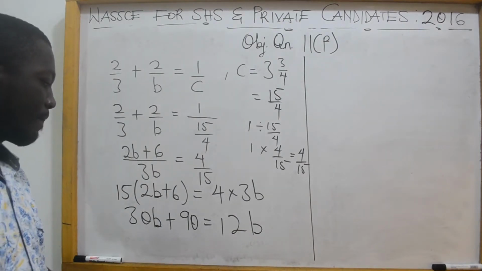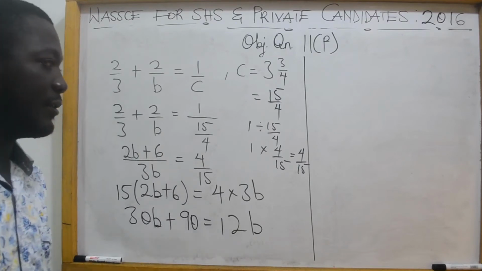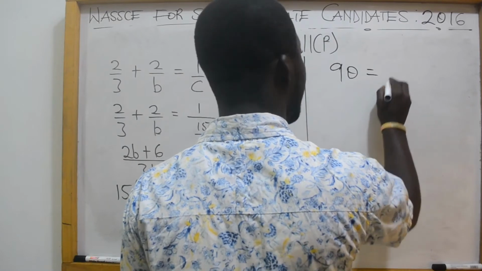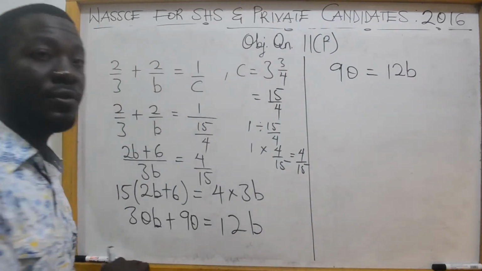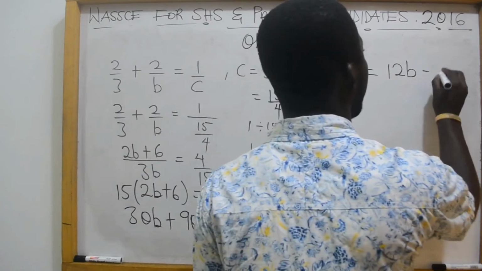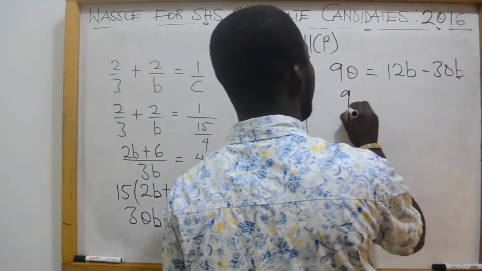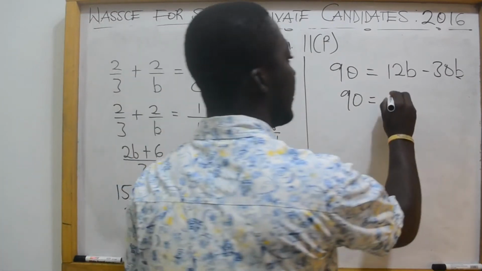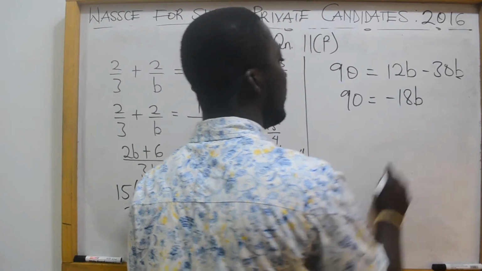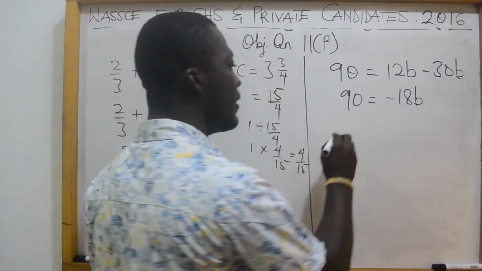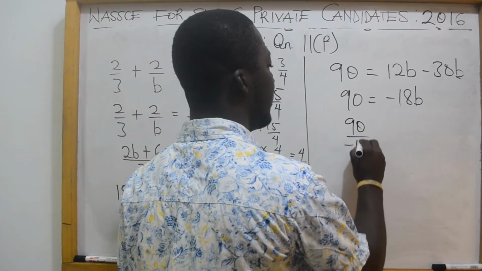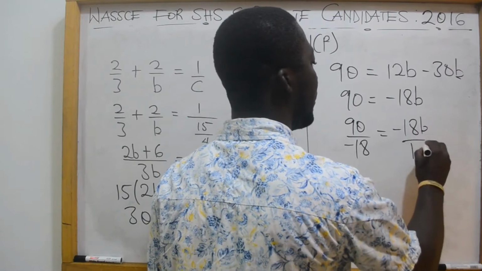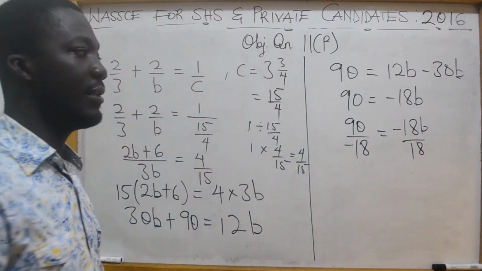And we collect like terms at this point. We will leave the 90 here and 12B and transpose the 30B to the right hand side, and we get negative 30B. So 90 is equal to 12B minus 30B will give us negative 18B. To find the value of B, we divide both sides by negative 18, which is equal to negative 18B over negative 18.